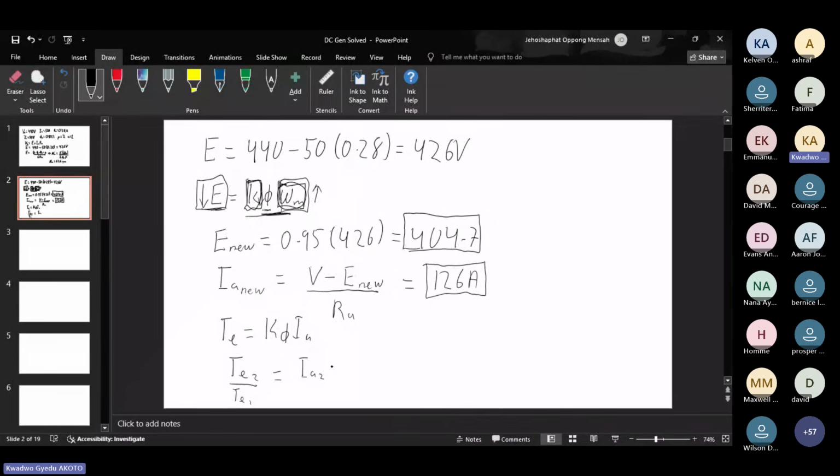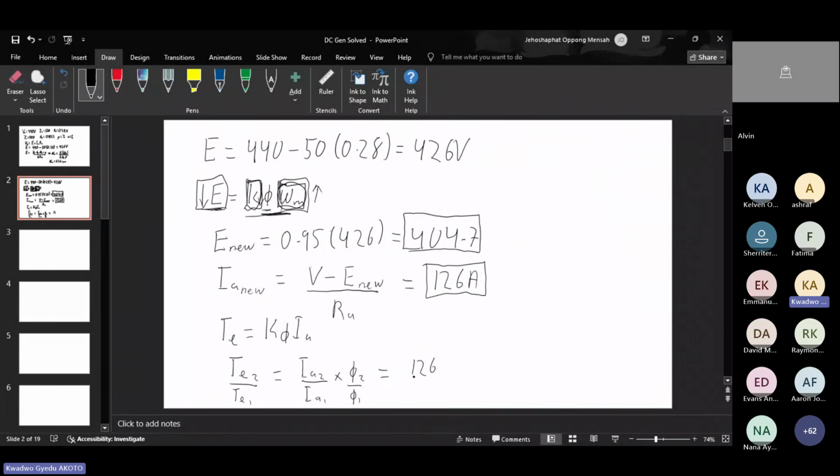So we know that with this one, our new IA is 126, our old IA was 50. If our old phi is 100%, then our new phi is going to be 95%. So we are going to have 95 on 100, so this is going to be times 0.95, right?